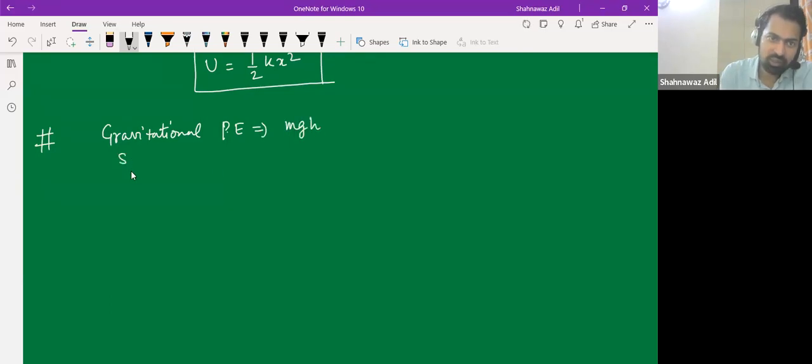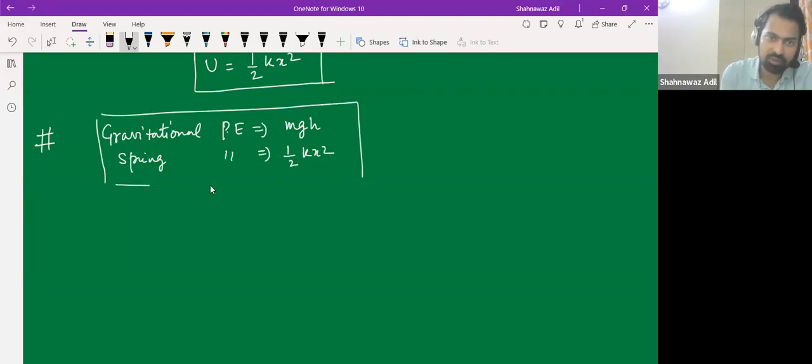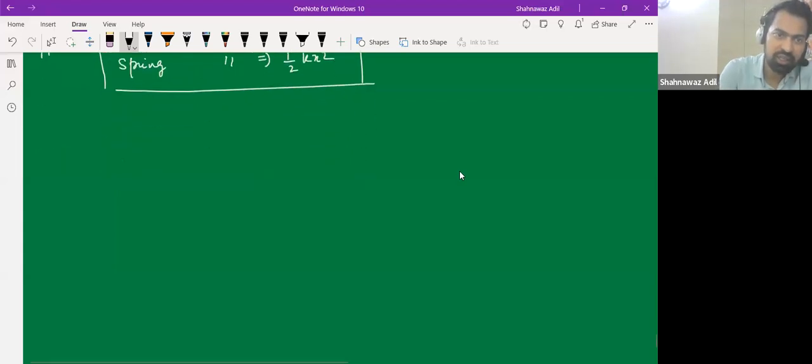And we saw what spring potential energy is. This is half kx square. So just remember this, right? Okay. And we know what the work energy theorem is.